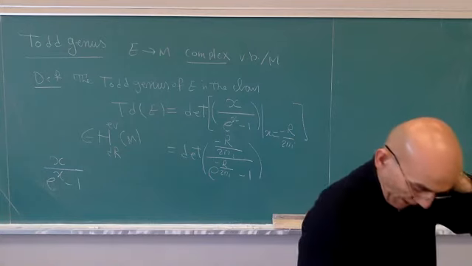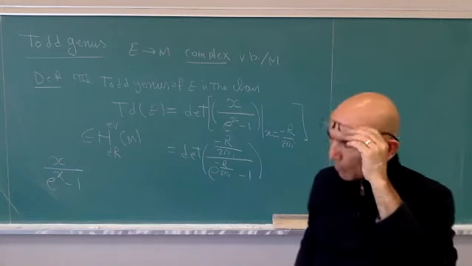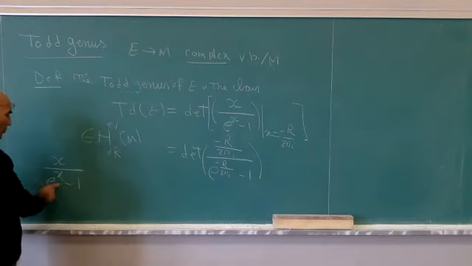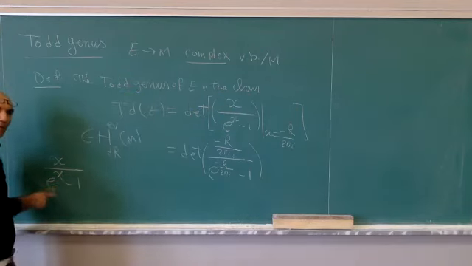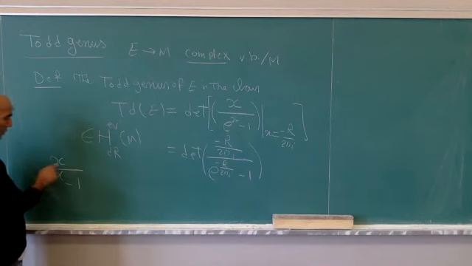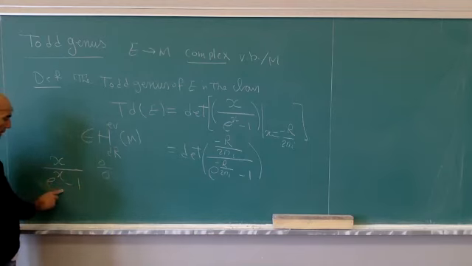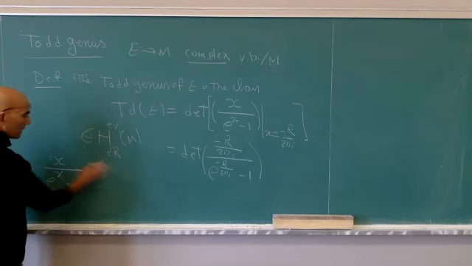It may look like it has an ambiguity at 0, because if you put x equal to 0, you get 0 over 0. But you can use L'Hopital to compute the limit, and it is equal to 1. This is a nice function at 0.